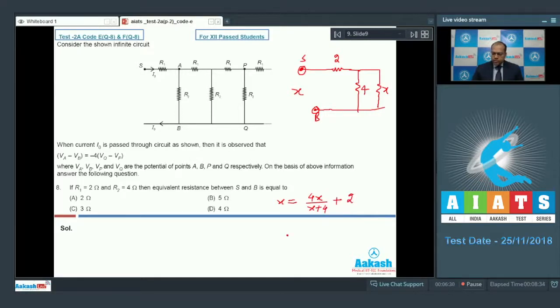So if I solve this equation, the value of X comes out to be 4 ohm. So the equivalent resistance between S and B is 4 ohm. So the correct answer for question number 8 is option D.